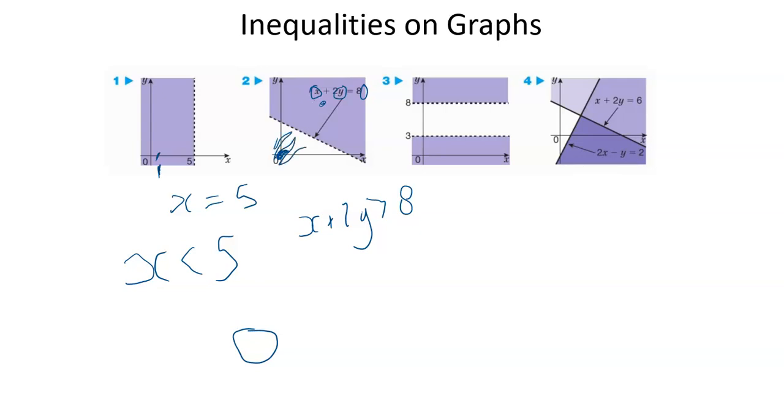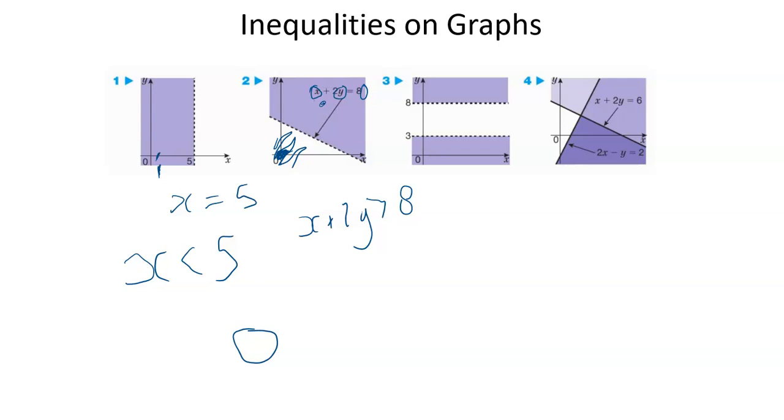I don't want this side, so I don't want the less than, so I want more than. It's always useful to try 0, 0, and see if it's where you want it, then you agree with that inequality. If it's less than, you write less than. And if you don't want it, and this is less than 8, then I obviously want greater than, because I want the other side.